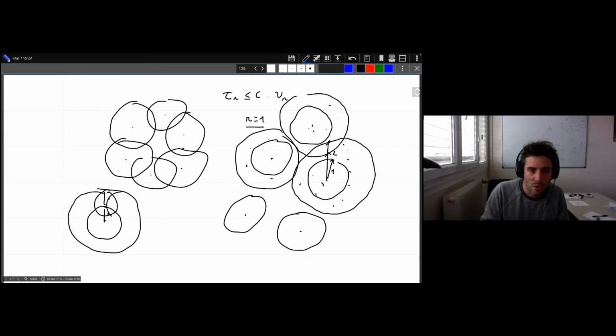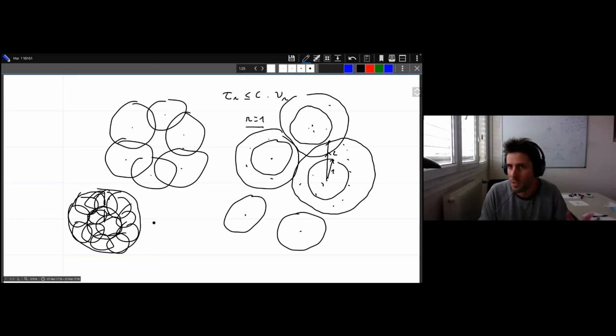So you have a constant number of regions here of diameter at most 1 that cover this object. The constant is, I don't know, maybe 18 or something like this. And what you do is you look at all these regions that have small diameter, and you pick one point in each of these regions, if the region is not empty.